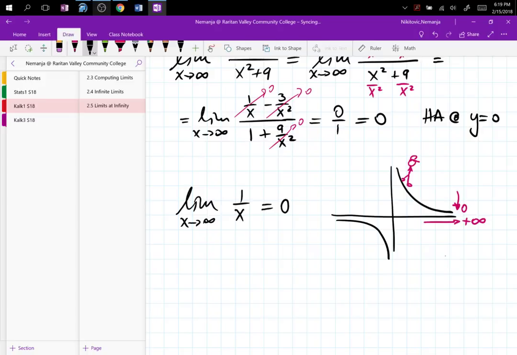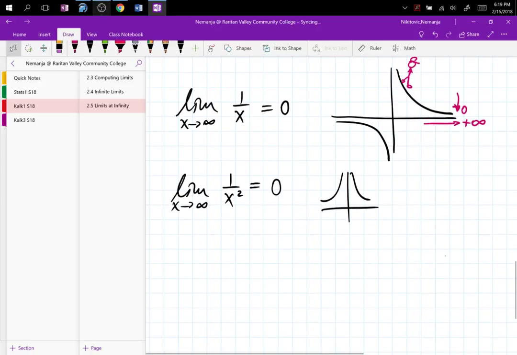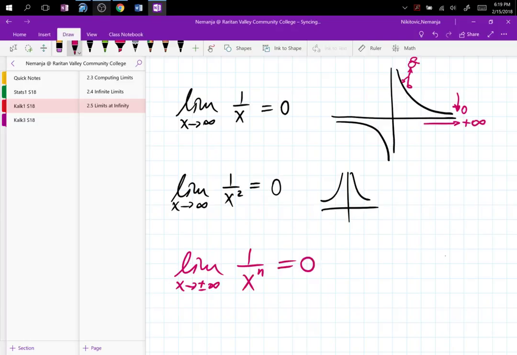And the limit of 1 over x squared as x goes to infinity is also 0, with the accompanying graph right there. From where I'm going to extrapolate that the limit as x goes to positive or negative infinity of 1 over x to the n is 0.